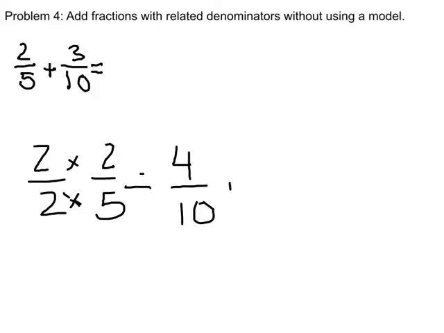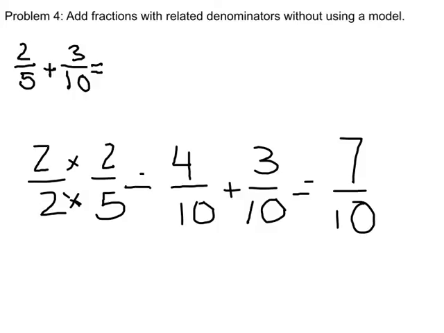So now I can simply add 4/10 and 3/10, and this equals 4 plus 3 is 7 parts, and our denominator stays the same. So that's our answer, is 7/10.